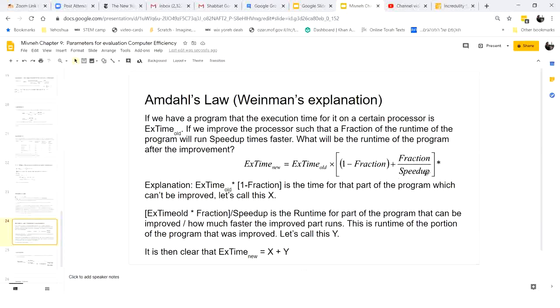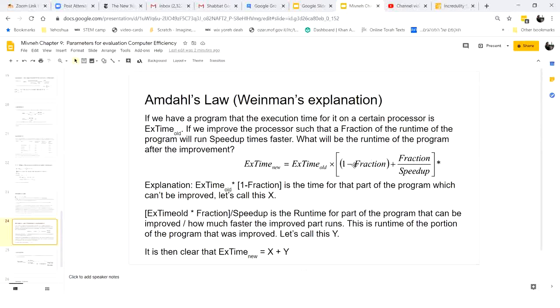It's 3 times faster. So it'll be 3/4 divided by 3, which is 1/4. So it'll be 5 minutes plus 1/4 of the old execution time. The old execution time was 20 minutes, let's say. So it'll be 1/4 of that, 5. So now I'll get 5 plus 5, 10. So that's the new execution time, 10 minutes.